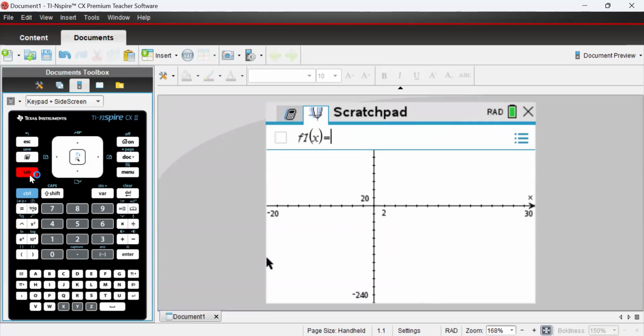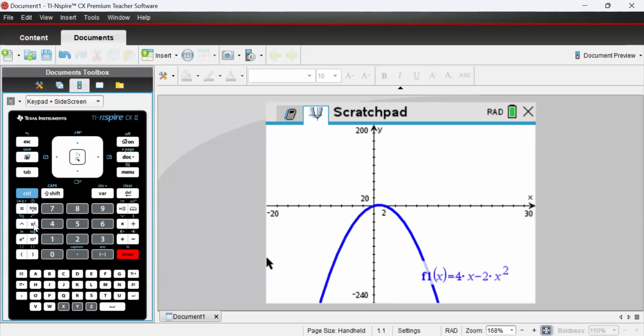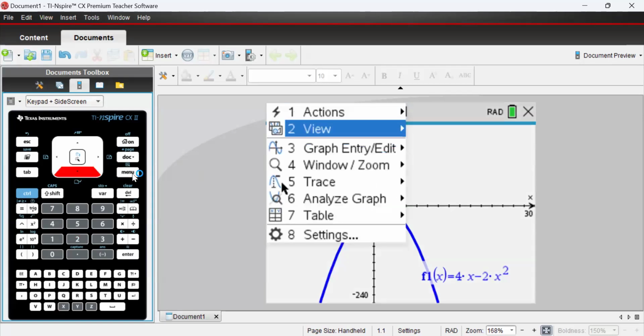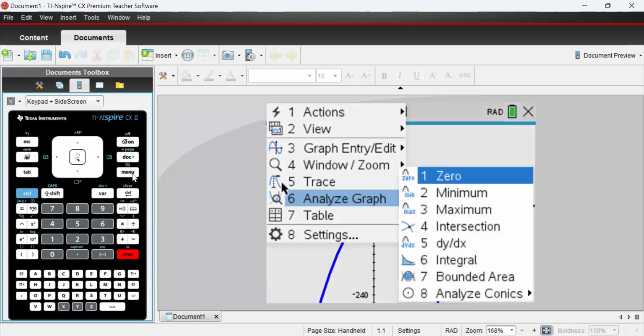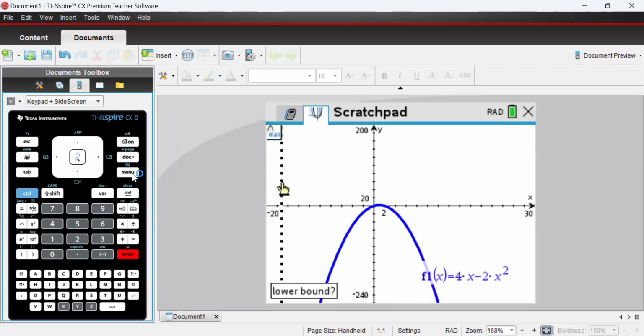Tab, and I'm going to put the equation in. Double check that. Hit enter. And this one has a high point. Okay. So menu, analyze graph, and it has a maximum.